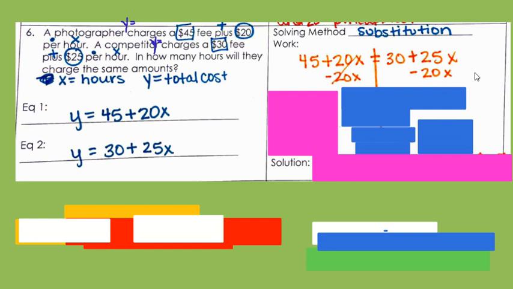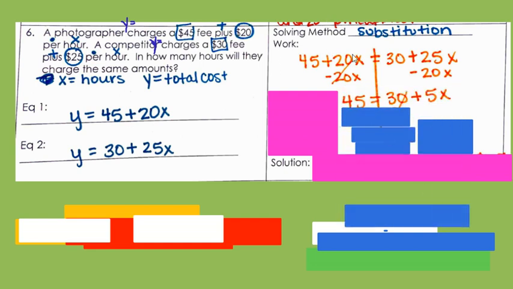All right, that leaves us with 45 on the left, because 20X minus 20X cancels. Over here we have 30, and 25X minus 20X is 5X.